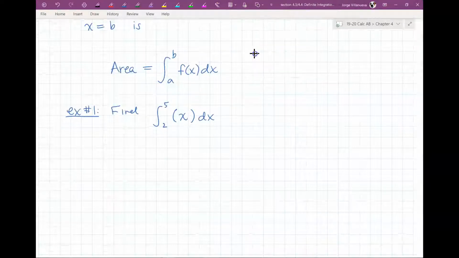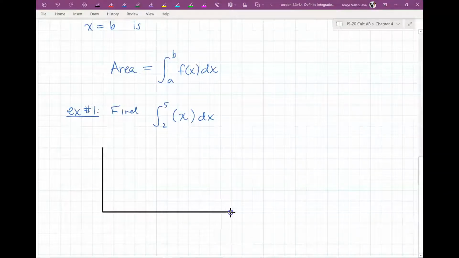So let me graph this for us. This is f of x equal to x.